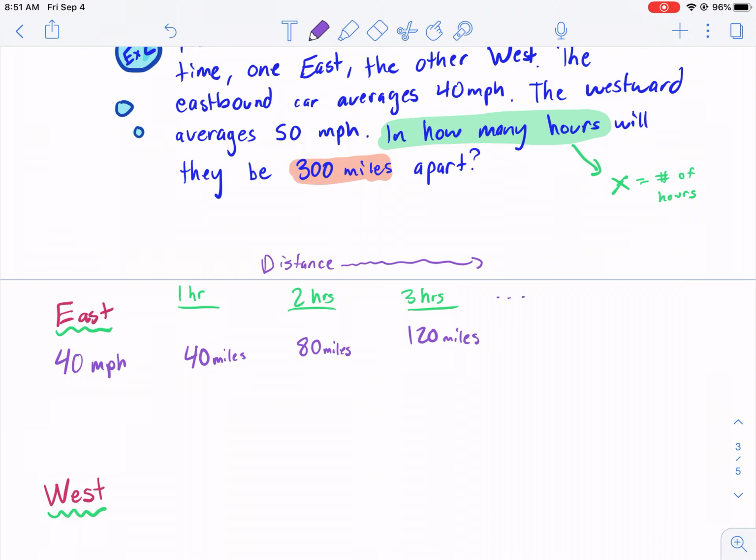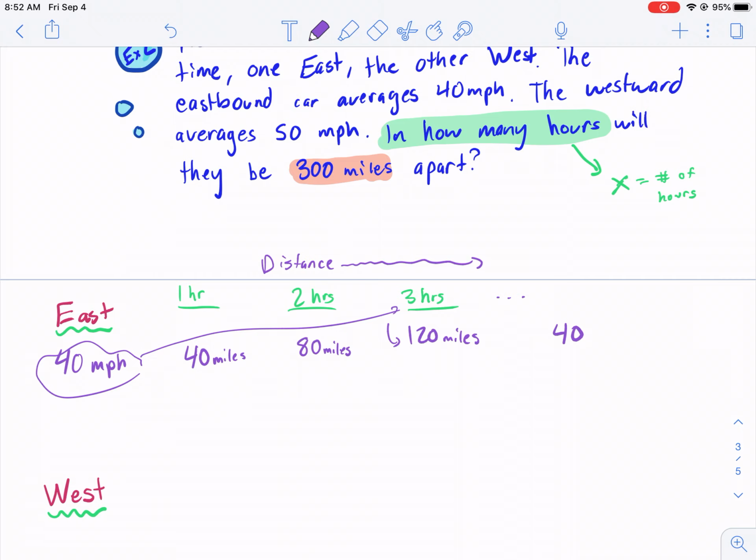What we're doing each time is taking 40. After 1 hour, we do 40 times 1, 40. For 2 hours, how do we use 40? We don't use 80, we want to use 40, the given miles per hour. So how do we use 40 and 2 to get 80? We multiply: 40 times 2 equals 80. How do we use 40 and 3 hours to get 120? We multiply 40 times 3.